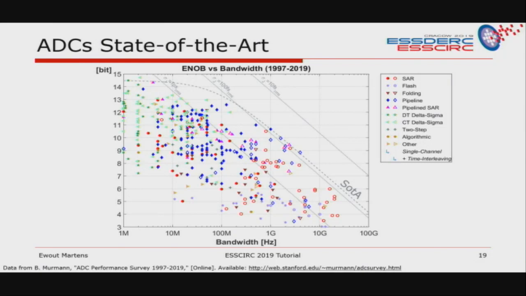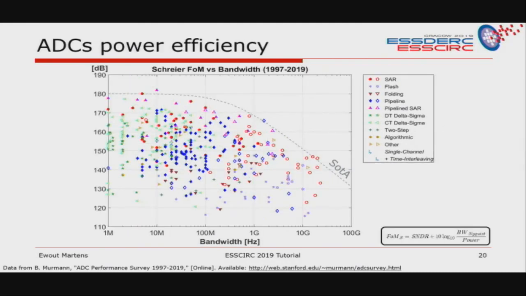When you go to higher frequencies, that envelope almost follows the limitations set by the clock jitter, which is a bit less than 100 femtoseconds RMS. And if you look closely at what designs you find on the edge, you will see that at high bandwidths most of them are based on either pipeline or SAR ADCs. The power efficiency, ADC people always like to put that in a figure of merit.